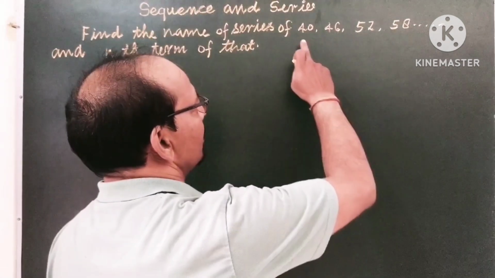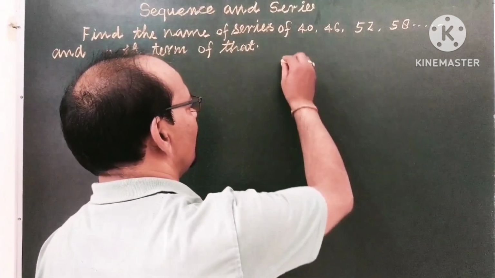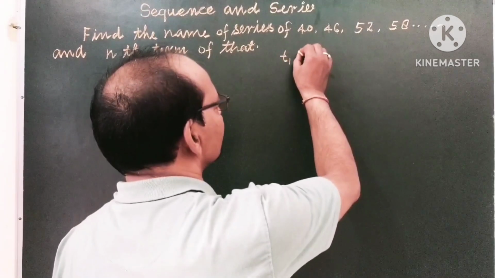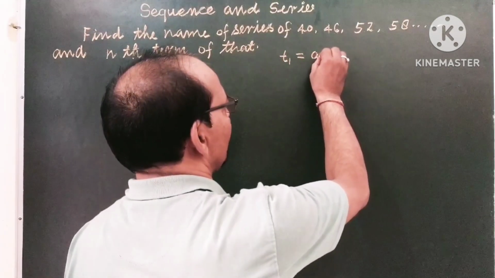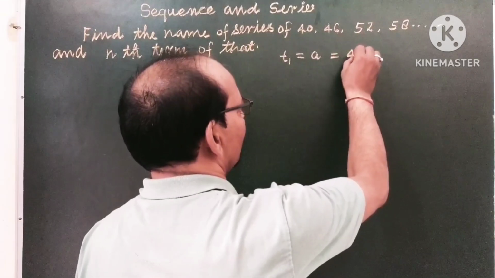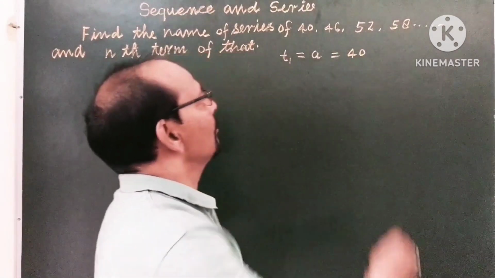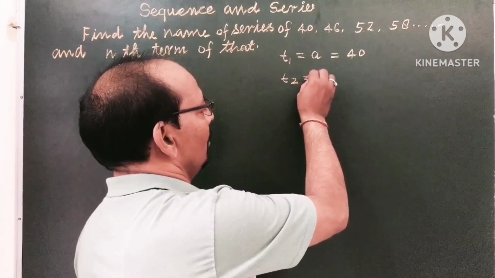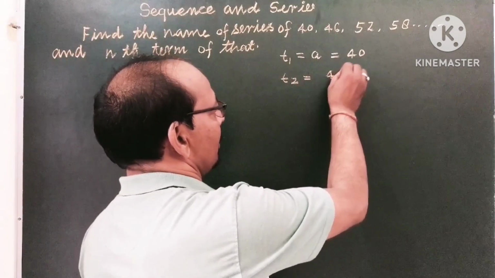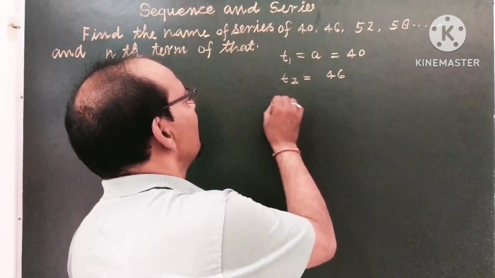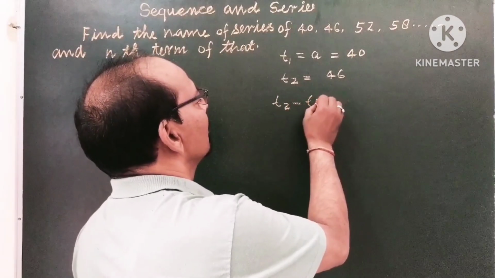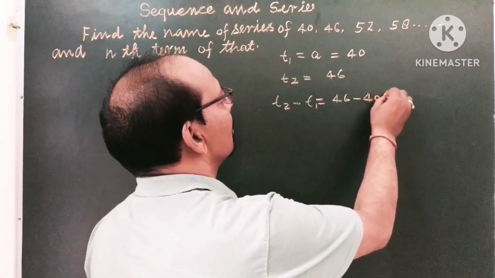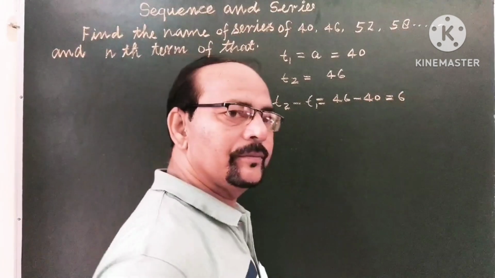Let's start. Here is given 40, therefore it will be T1, that is first term denoted by A, equal to 40, and second term is 46, that is T2 is 46. If T2 minus T1, therefore it will be 46 minus 40, it's 6.